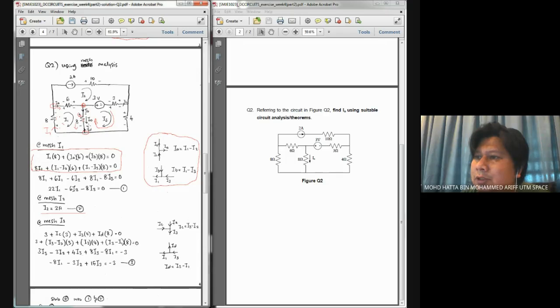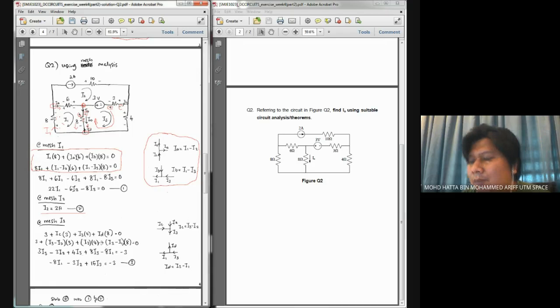We have the 8 ohm resistor, positive at the bottom, negative at the top. Going around again for the 3 ampere, the positive should be at the left, negative at the right. And from the definition of the voltage drop, you can set up your third equation.